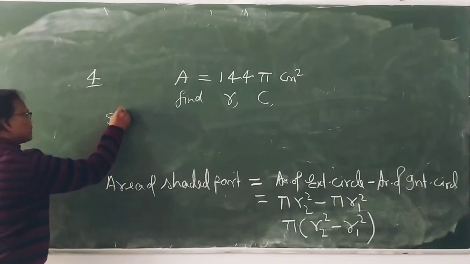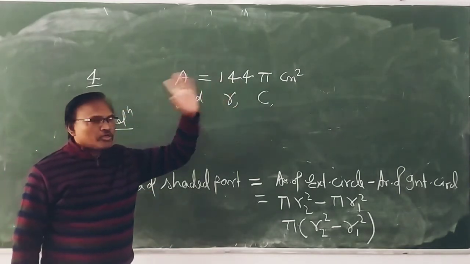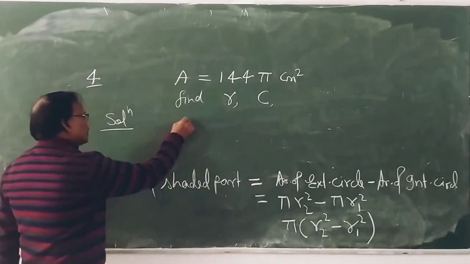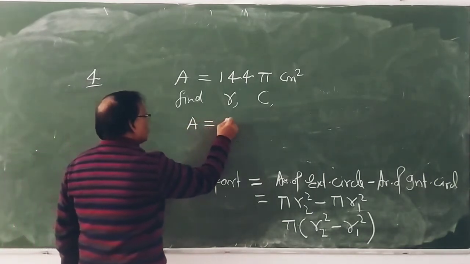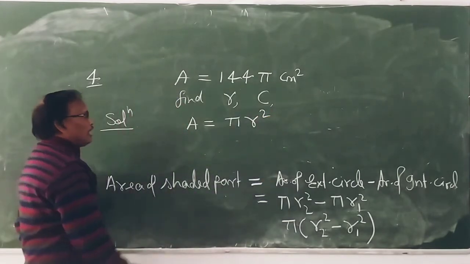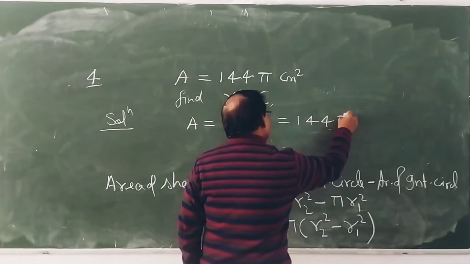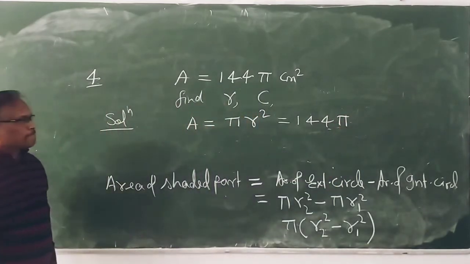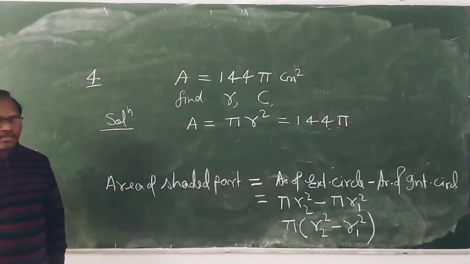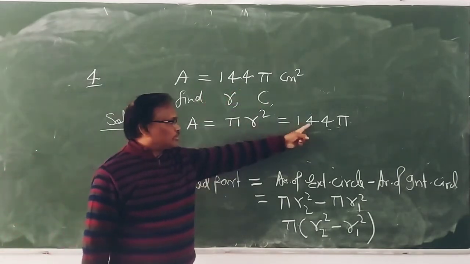So how to find it? Area is given as 144 pi. According to the question, the area of a circle is pi r square, and this is equal to 144 pi. ये जो एरिया है, this is 144 pi, तो pi r square is equal to this.